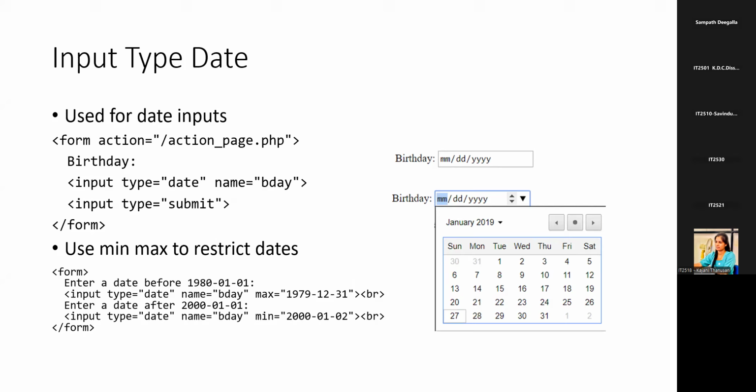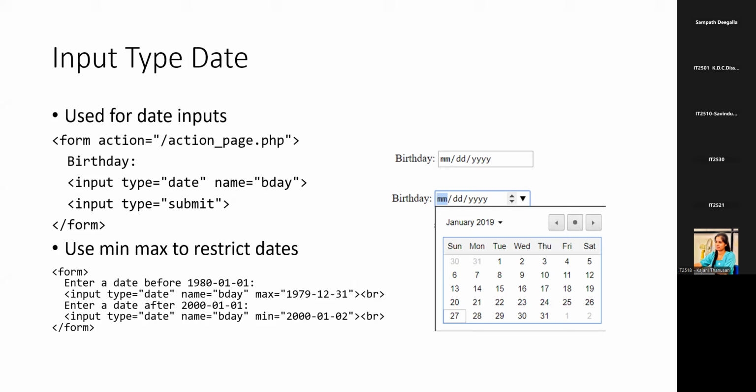Then you have to select a day before this. And you have min as well, and you can combine both min and max to select a date within a particular range.